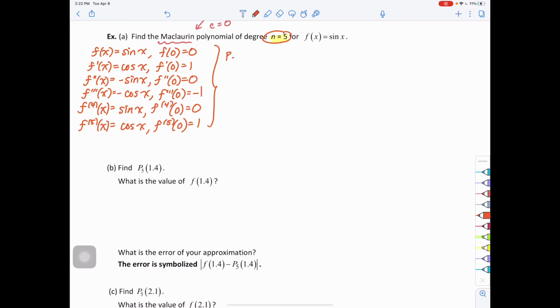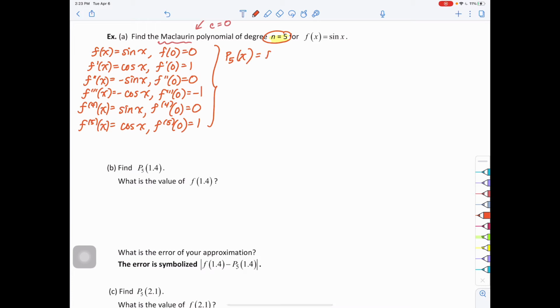So the fifth degree polynomial is going to be equal to, so what do you notice? First f of 0 is what we put there, and we could actually go ahead and write this out.